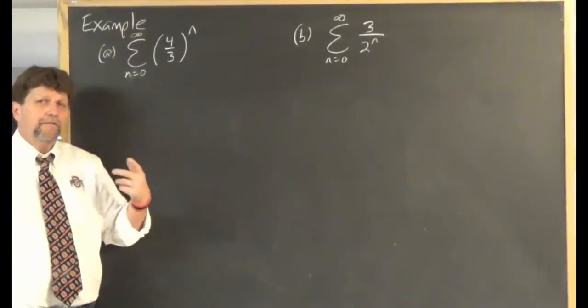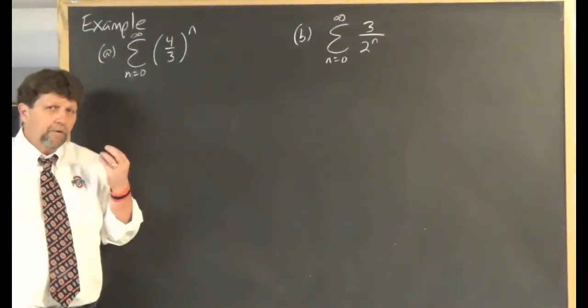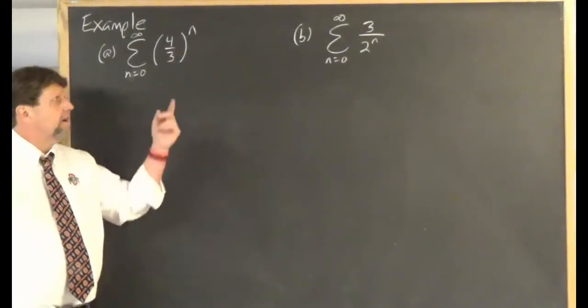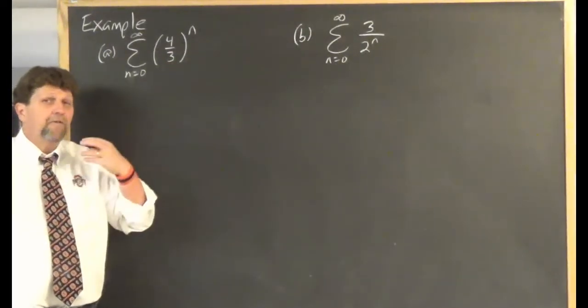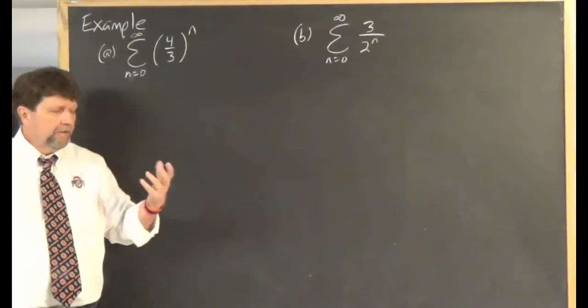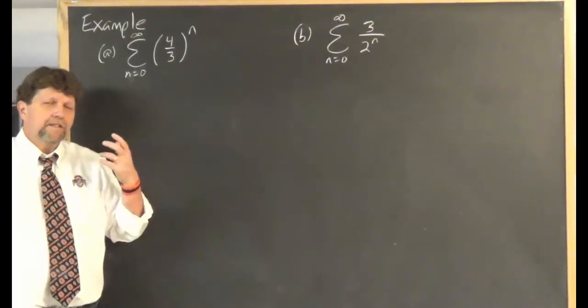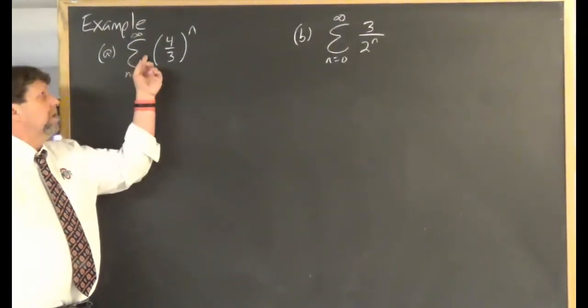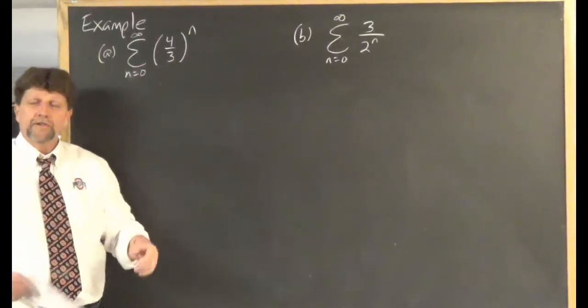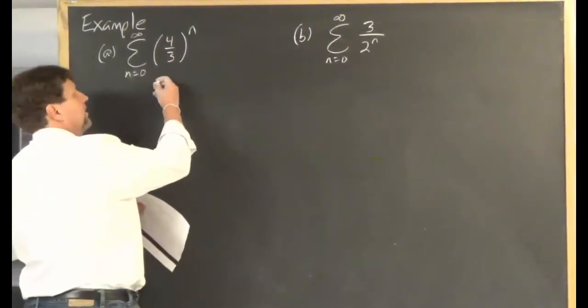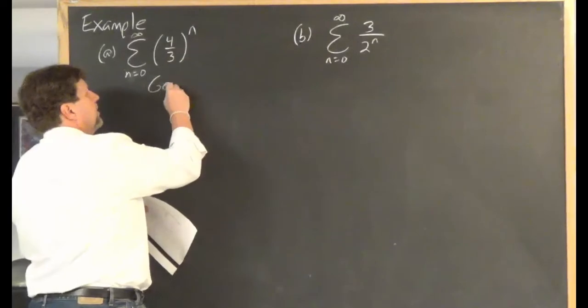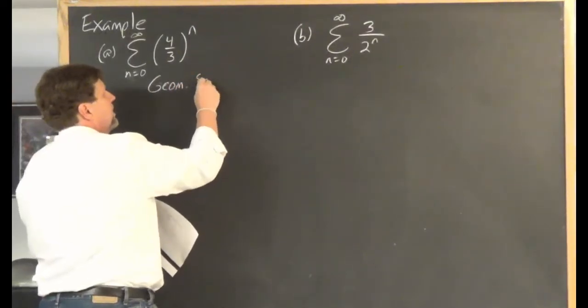So here's the key: recognition. You have to start to be able to recognize what these series are. First thing that jumps out at me, I see a 4/3 to the n. This is geometric. A is 1, r is 4/3. So the first thing I would write down is, this is a geometric series.